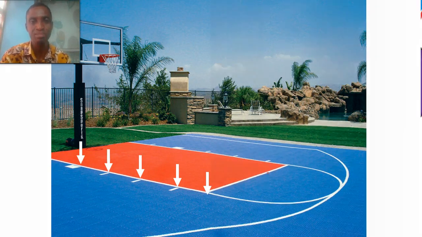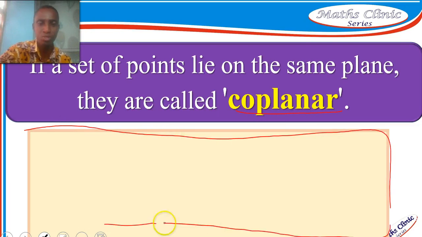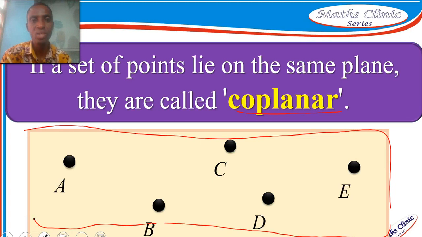Then there's another word we have to understand, called coplanar. What it means is that if I consider the whole of this as a plane surface, and we position points on the plane, we say all the points are coplanar. That means they are just on a plane. They are not necessarily on a straight line.